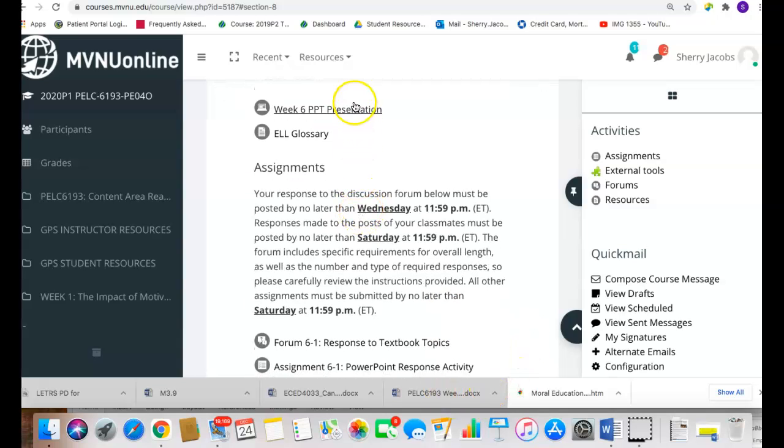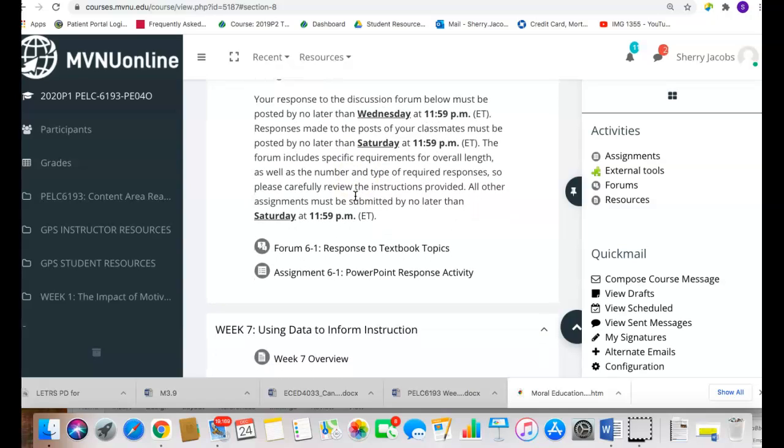Here is the PowerPoint for week 6. Here's a glossary of what different ELL terms will stand for. And here is the assignment for the discussion forum.